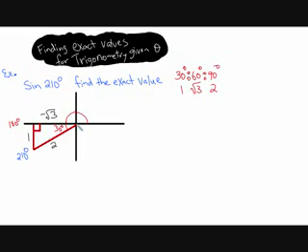Vertically, it's below the origin. So any values below the origin on a vertical line are negative. So therefore this is negative. So now we have the signs that are appropriate for this triangle. Our hypotenuse is always positive for these problems. So then we can continue.